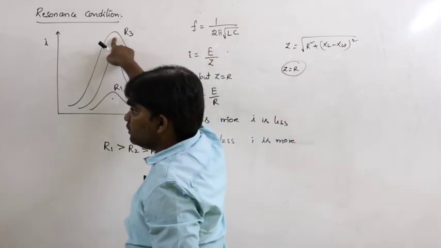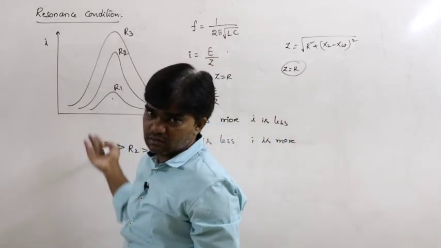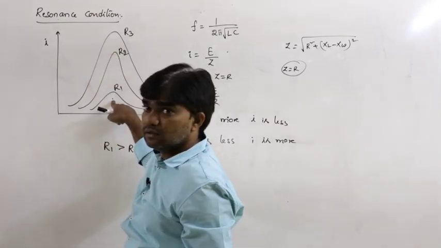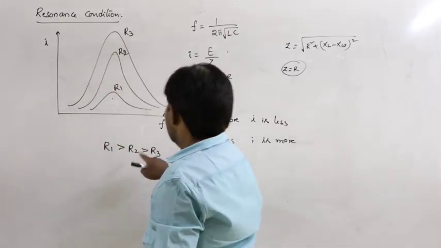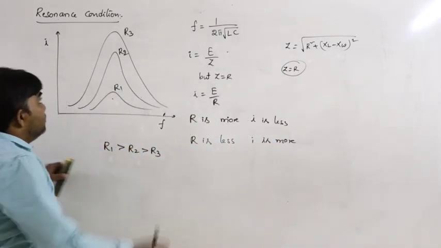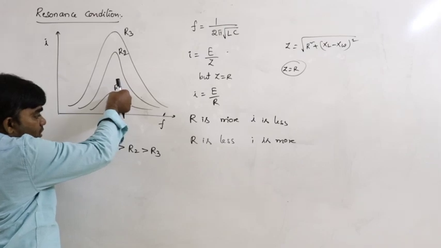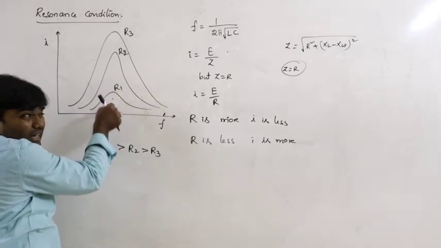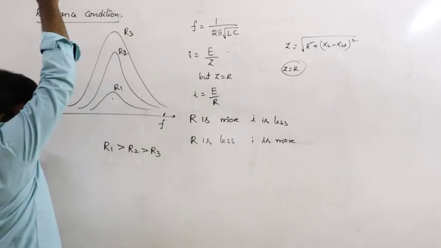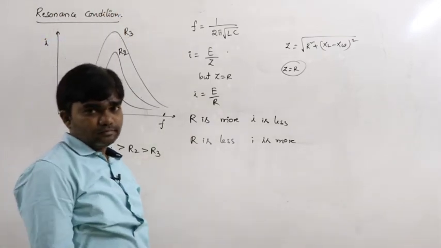So from this point onwards, due to increase or decrease, the current must change. This is the peak value of the current. In that situation, what are the resistance values? R1 is greater, because this is less, R1 is more, that's why the current is less. Next R2, next R3. R3 is minimum, that's why the current is maximum.